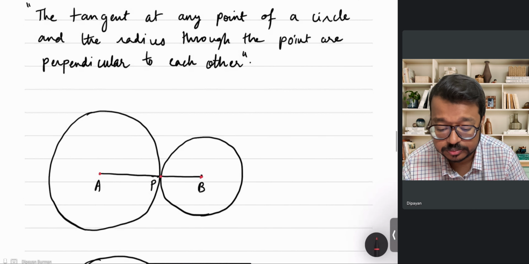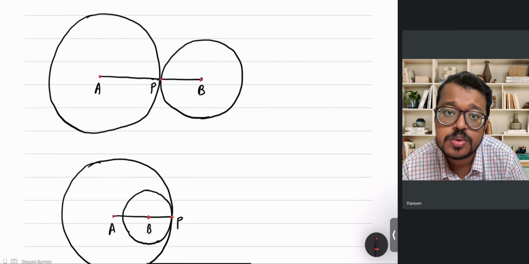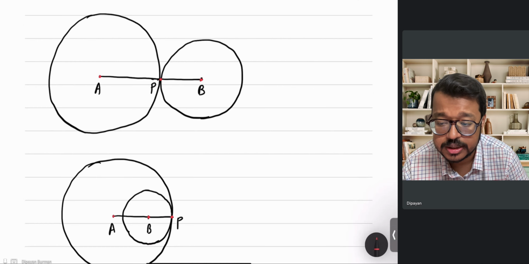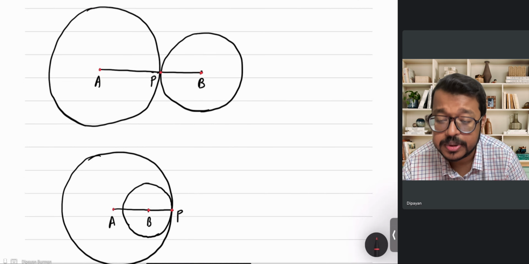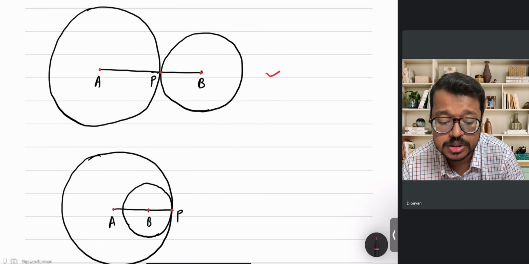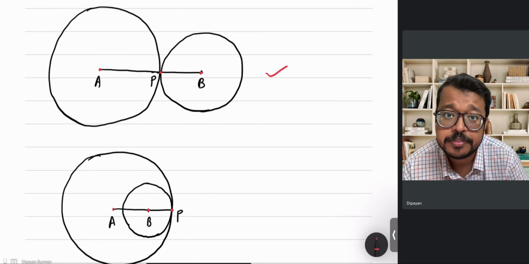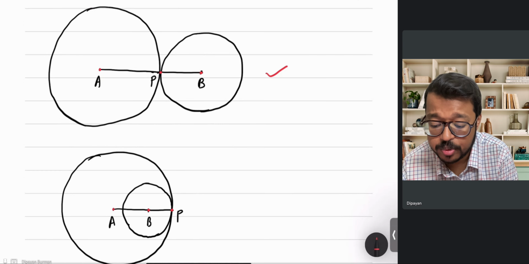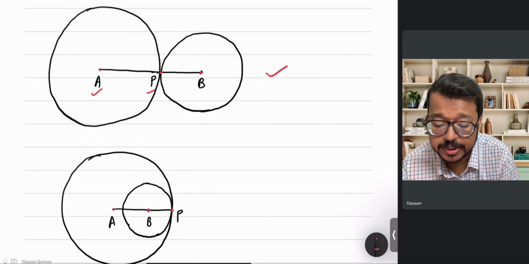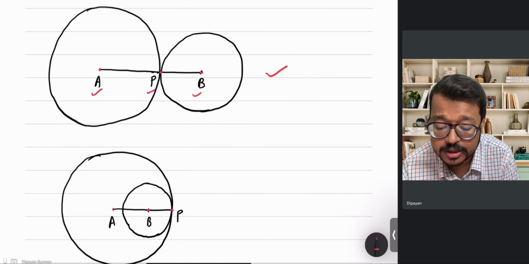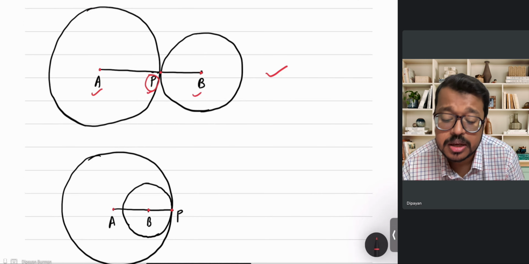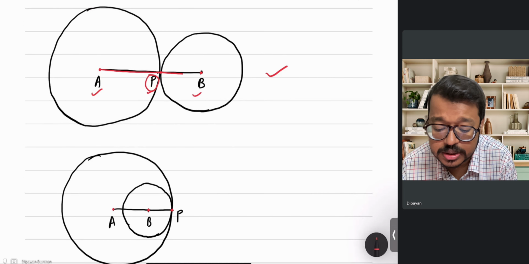Moving ahead, if I have two circles touching each other, whether internally or externally, then if I look at the centers of the two circles, for example, there are these two circles in the first situation touching each other externally, and the point of contact of the circles is point P. Then the 3 points A, P and B will be in the same straight line, or I can say that the point of contact P will be on the line which is joining the centers of the two circles.